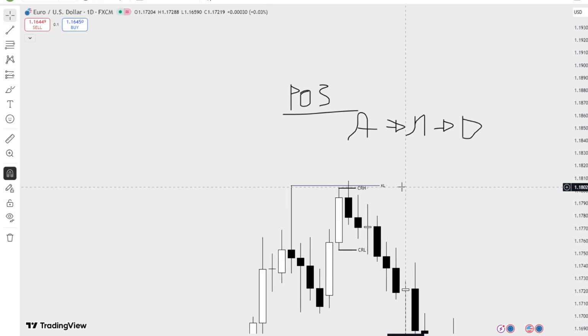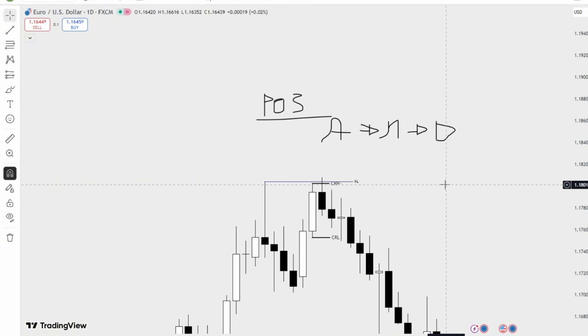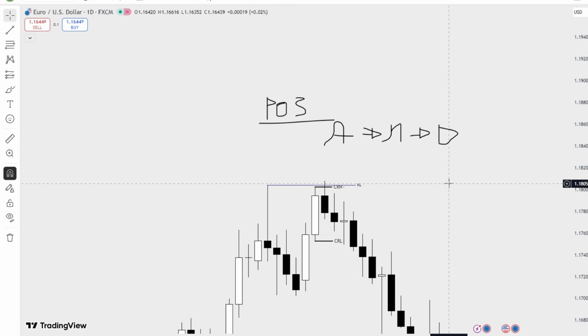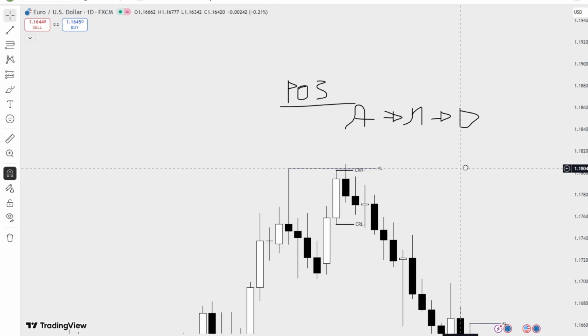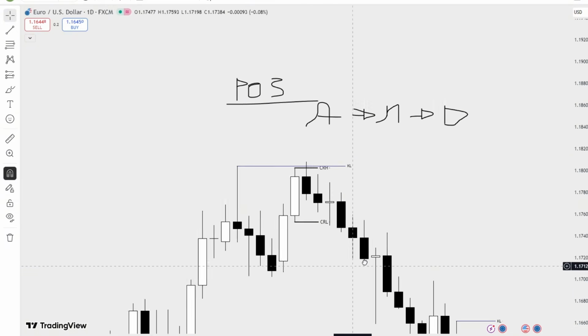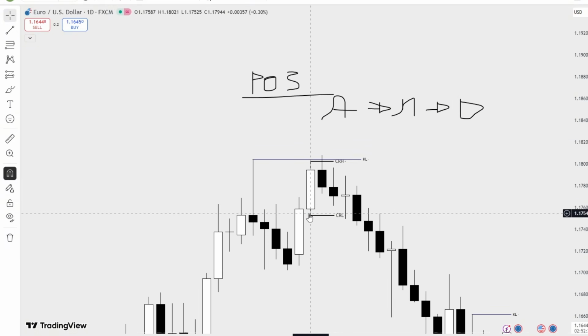So I want you guys to take your charts, go to high time frame key levels like 4 hour, 1 hour, daily, weekly, monthly, and try to find CRTs. Try to find valid candles, valid manipulations, and valid distributions.